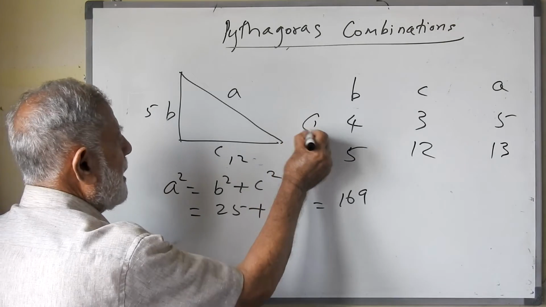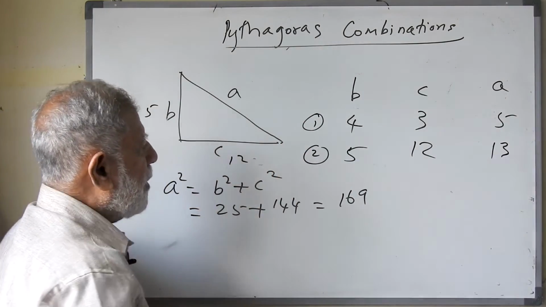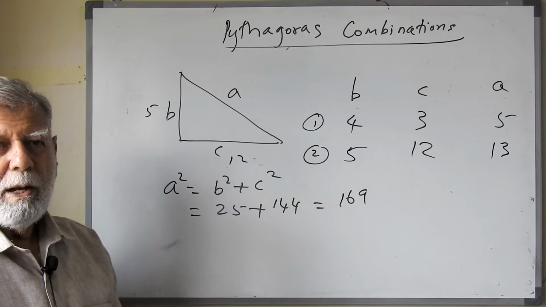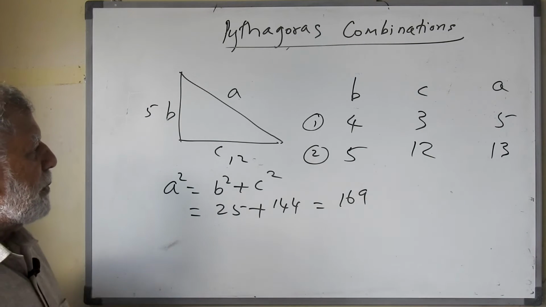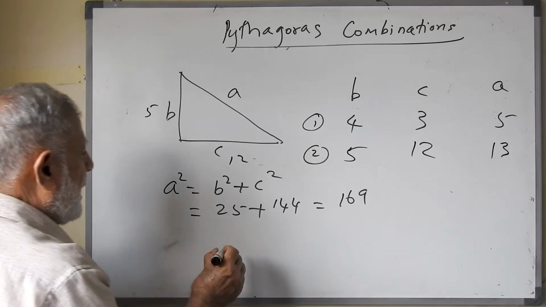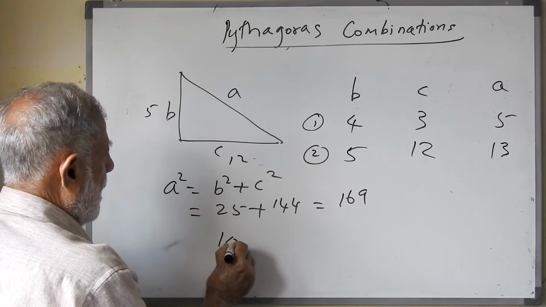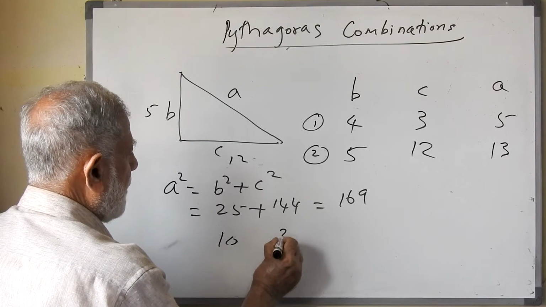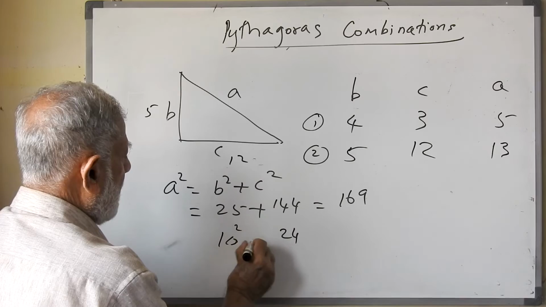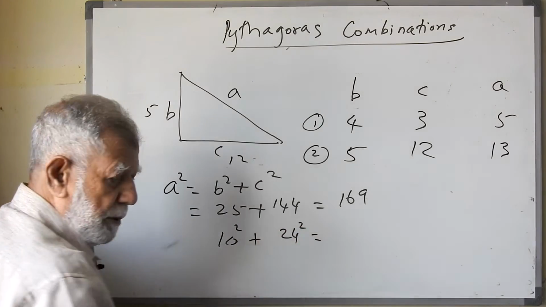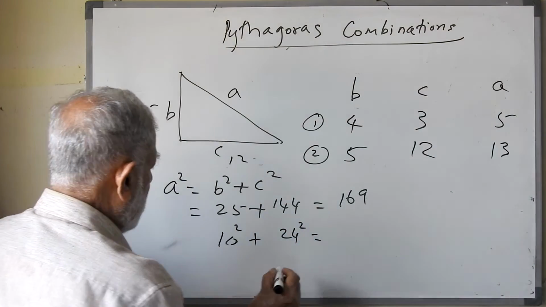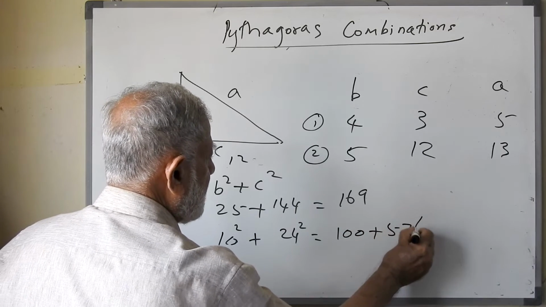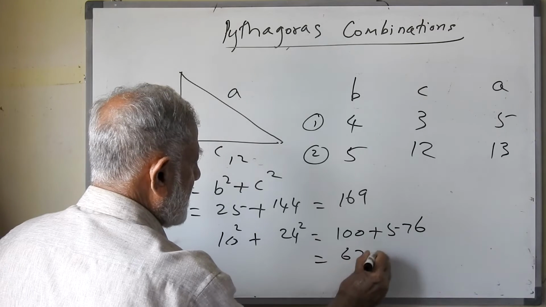This is combination 1, and this is combination 2. In this combination 2, if you multiply, you can go on getting more and more combinations by multiplying by 2, 3, 4, 5. If you multiply by 2, you'll be getting 10 and 24. So 10 squared plus 24 squared, that is 100 plus 576, that is equal to 676.